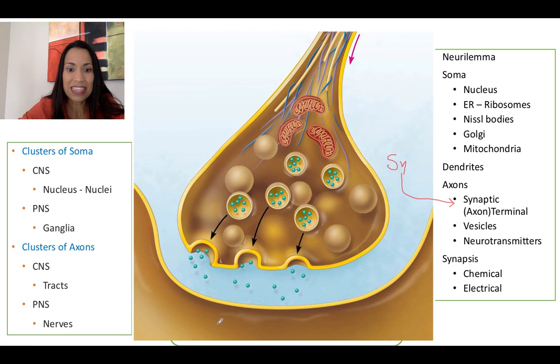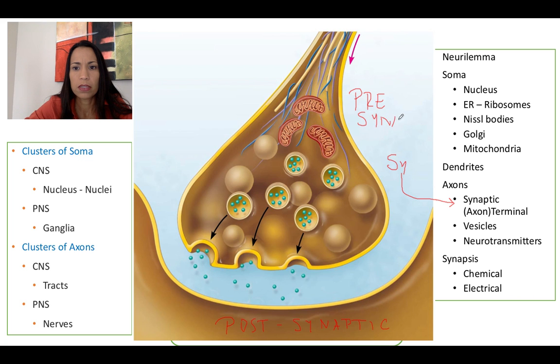So this cell, since it is after the synapse, we're going to call it the postsynaptic neuron. And this cell, since it is before the synapse, we're going to call it the presynaptic neuron.